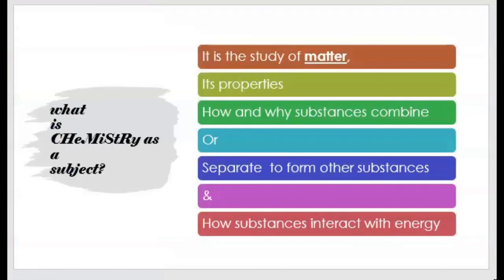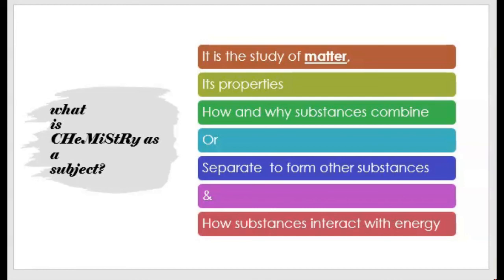So let's see what chemistry is as a subject. Chemistry is the study of matter and its properties, and how and why substances combine or separate to form other substances. Already in your 10th grade you studied chemical reactions, combination reactions, decomposition reactions, and so on.